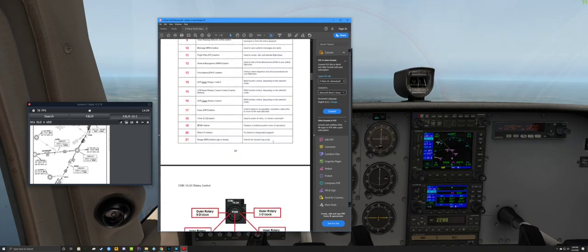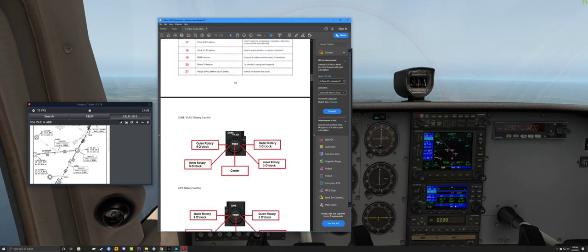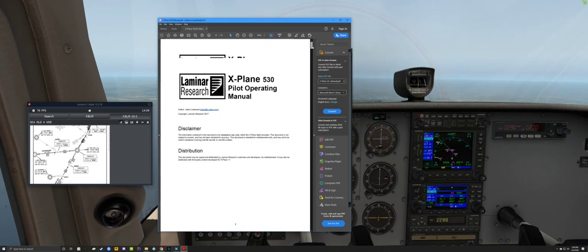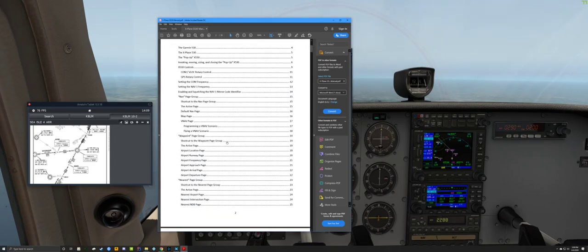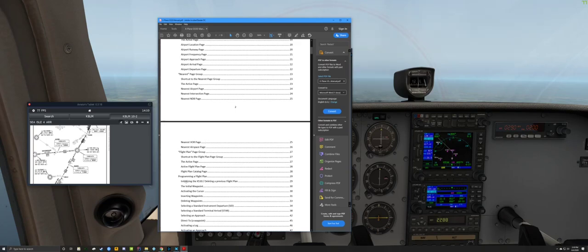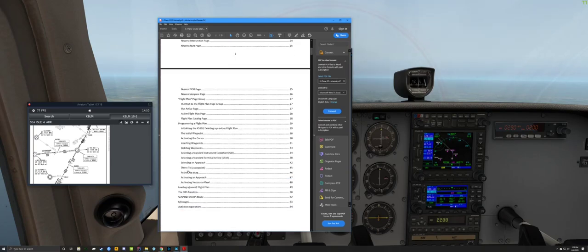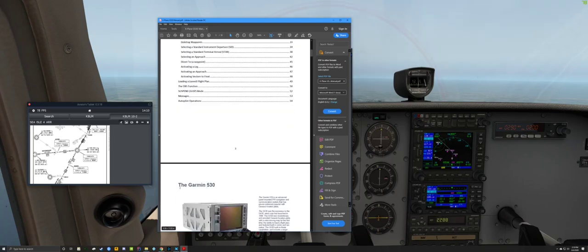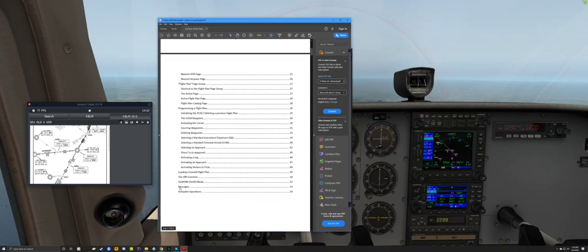It's all here. Let's look at the index or table of contents. You've got programming a flight plan. Well, we kind of went through that. Where is flying a flight plan?